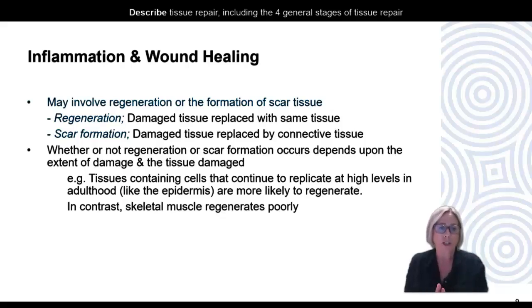For example, tissues containing cells that continue to replicate at high levels in adulthood, like the epidermis, are more likely to regenerate. So if you think back to physiology, we know that there's a supply of stem cells constantly being turned over in the epidermis of the skin.